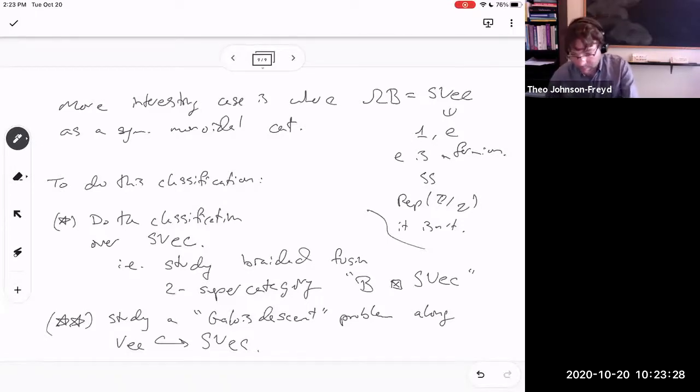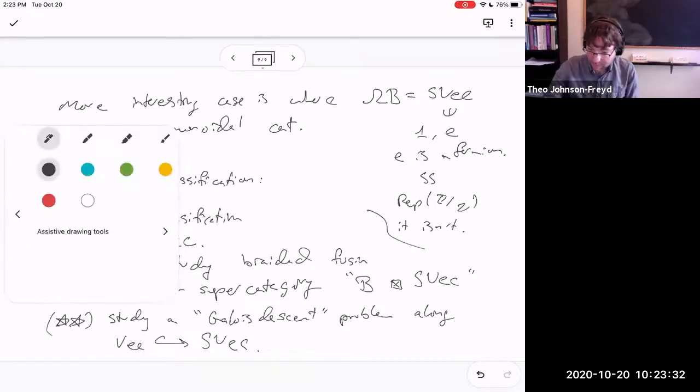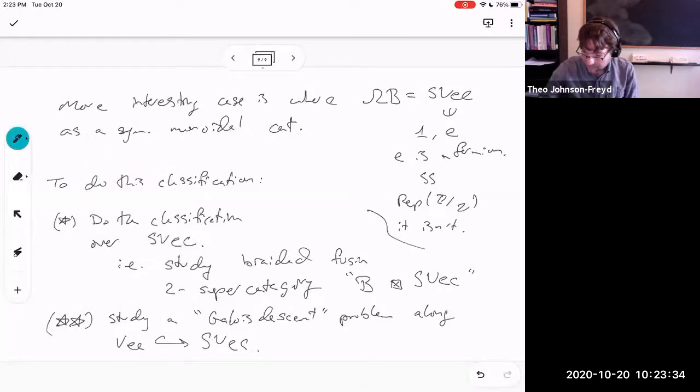So basically exactly the thing I told you before goes through for the first step. You run the classification and you find that B tensor SVEC ends up being an appropriate Drinfeld center.